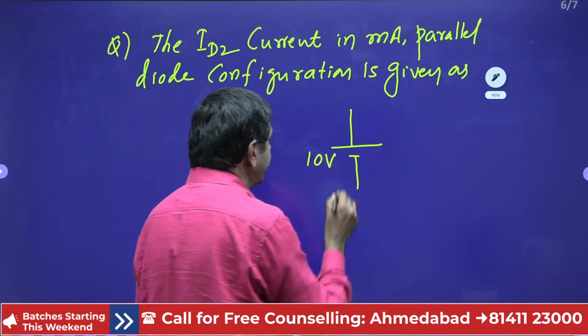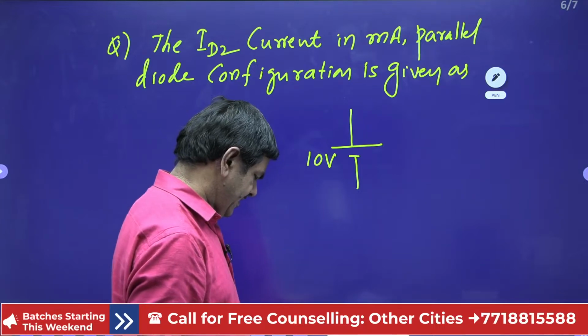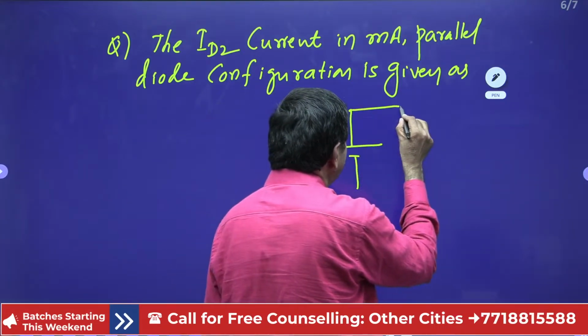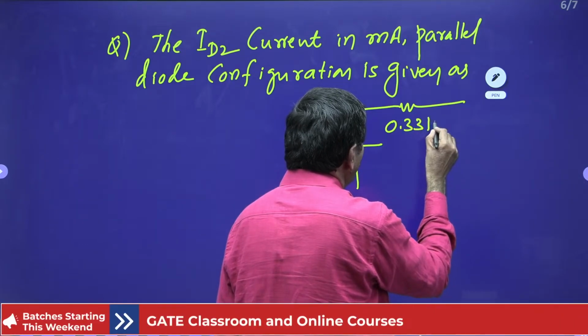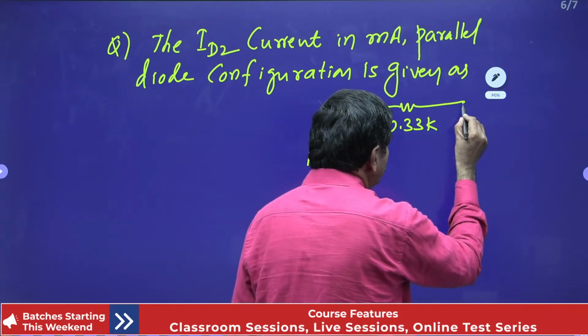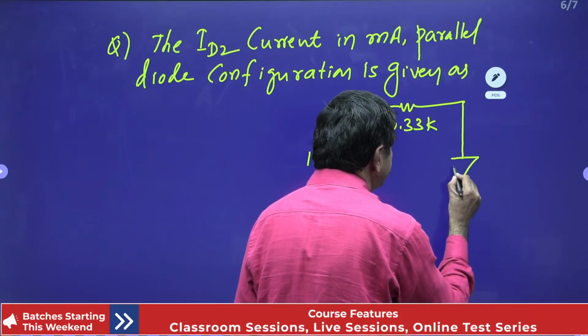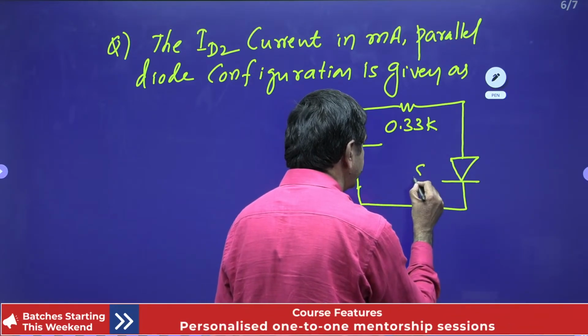You please make an effort to give your answer. You give your answer first. A 0.33 kilo ohm resistor is given. There is a diode on this side. It is made of silicon.